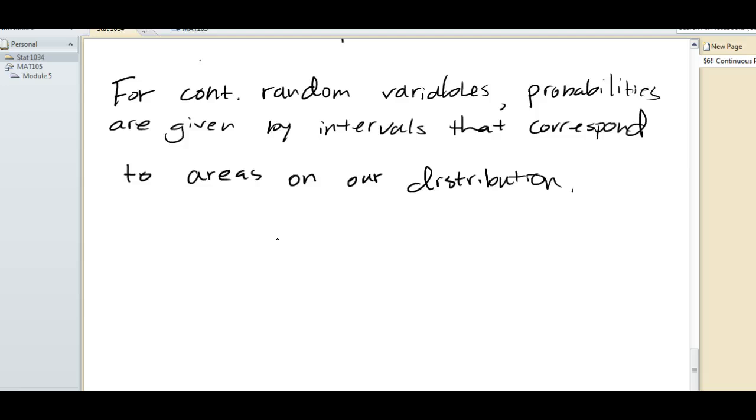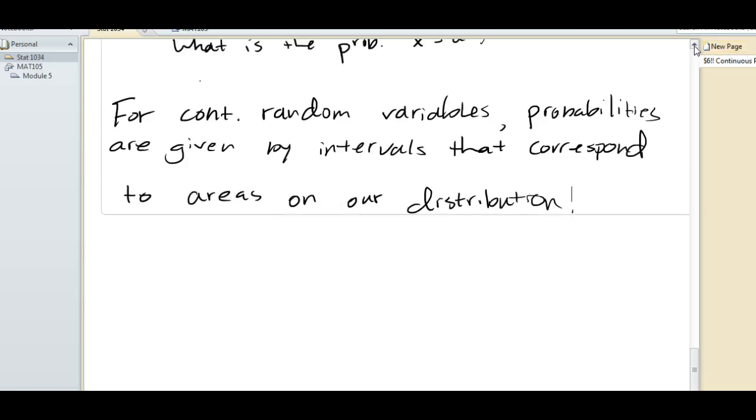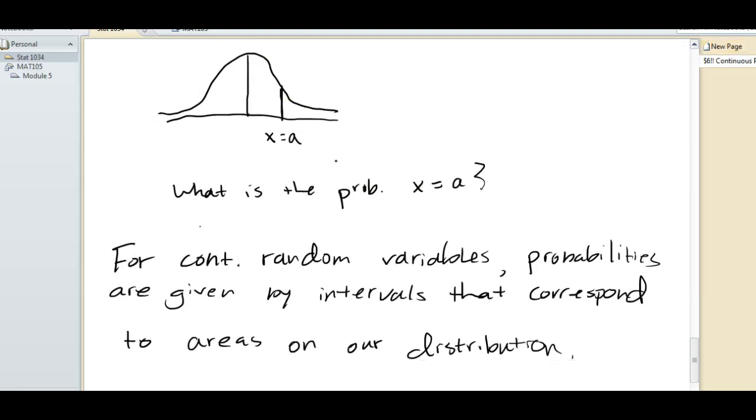So in this instance, if we look back at our picture, for a single value, that is an area that has a length that might have some value, but the width is actually equal to 0. So the area equals 0, and the probability would actually be 0 in this case. For a continuous random variable to have a whole interval of values, you would have to have some substantial width so you could actually get an area. So you really need two values, like a to b, and then be able to calculate that.